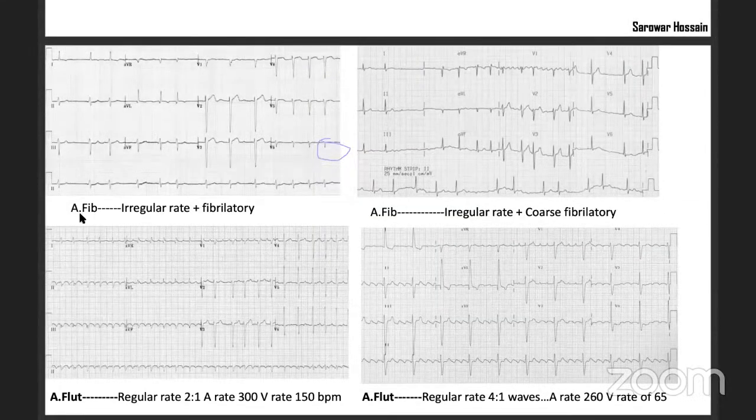Atrial fibrillation. There is no P wave. Irregular rate and fibrillatory waves. This has some intraventricular conduction block actually.